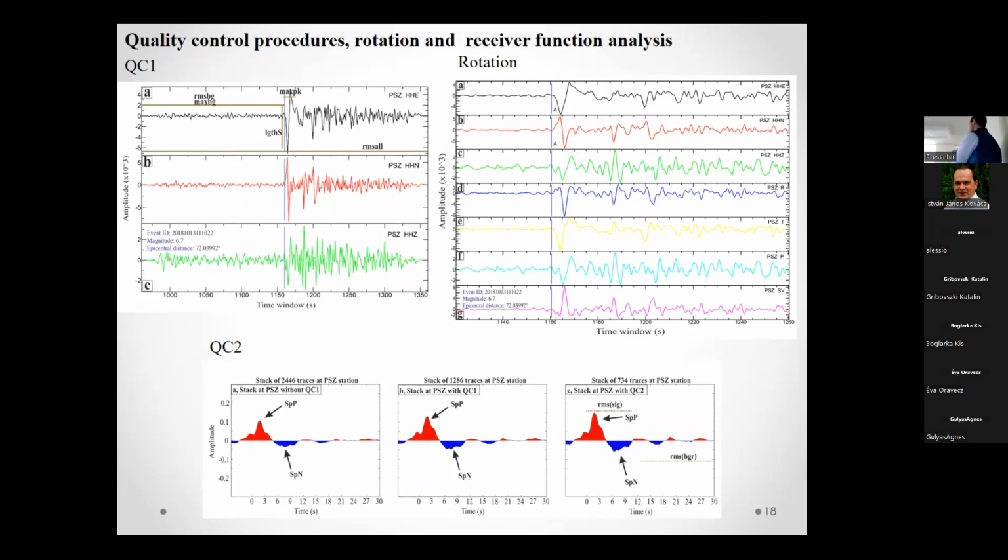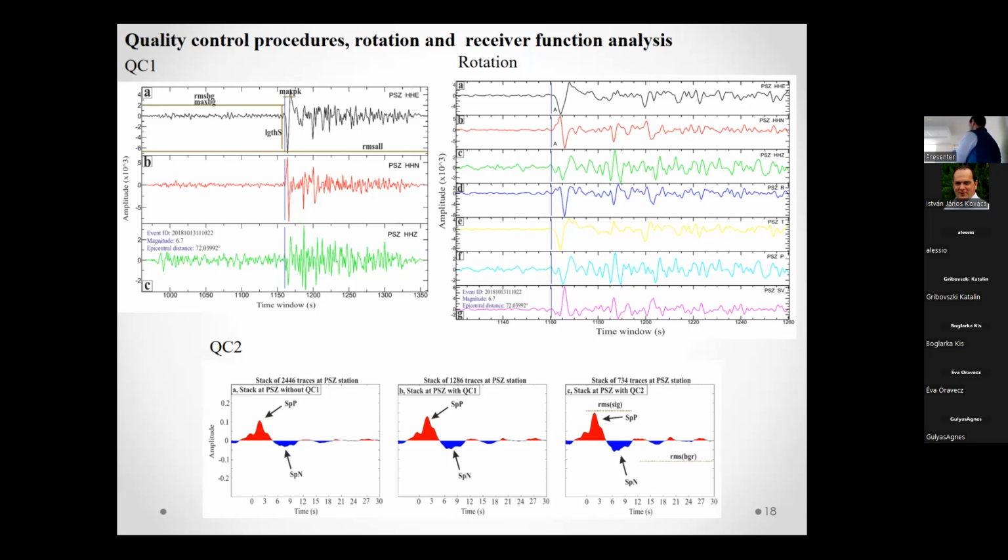After the first quality control step, we rotated the waveforms, and in this case, we maximize and minimize the useful and unuseful energy for the analysis. And after the quality control process, we use the same iterative time domain deconvolution for the S2P receiver function process.